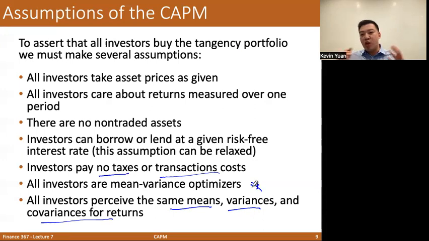We all have to somewhat agree on the means that we see out in the world, the average returns, the variances of these returns, as well as the covariances. Because if we disagreed, then of course we'd disagree on the tangency portfolio, and we'd also disagree on everything else, right? So this is a unifying statement where we're all on the same page in terms of the assets that we see out in the economy.